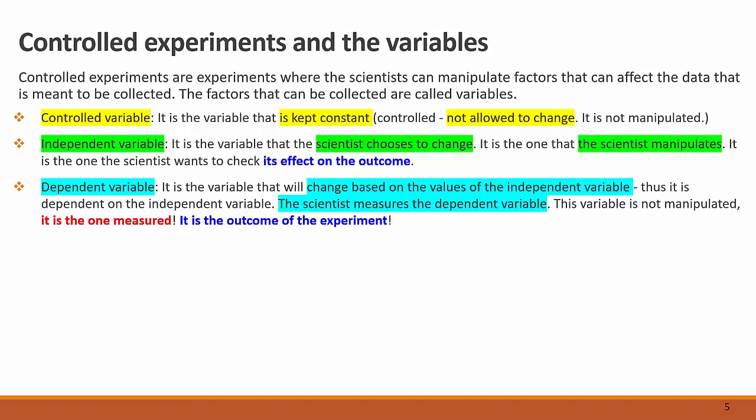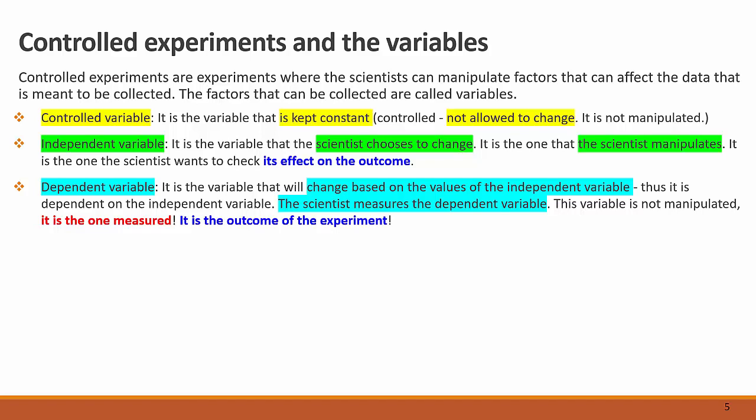Now, what we call the independent variable is the one we would like to check how it is affecting our outcome. It is the one that we want to investigate, like in this case, the amount of water. The amount of water is the variable that we are trying to investigate.